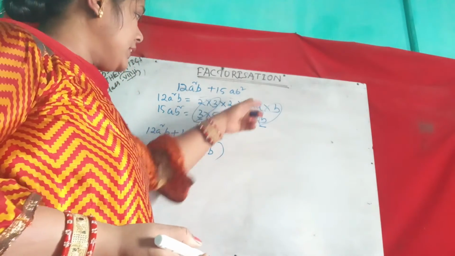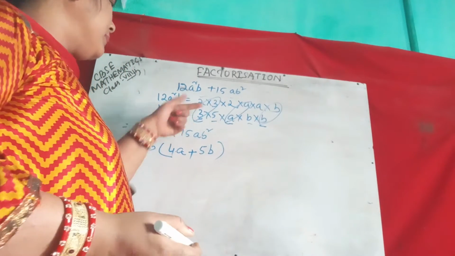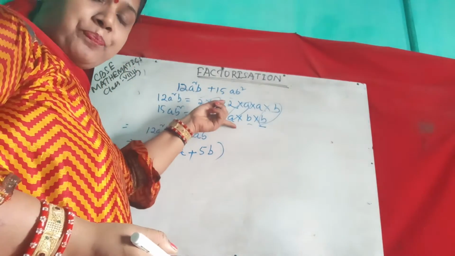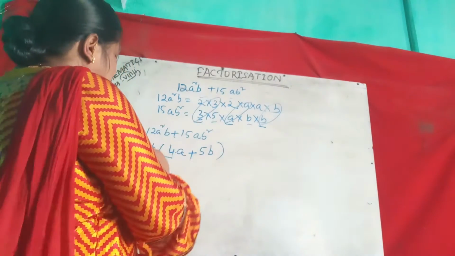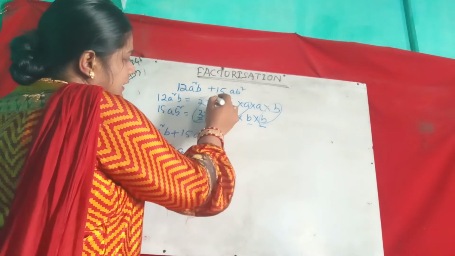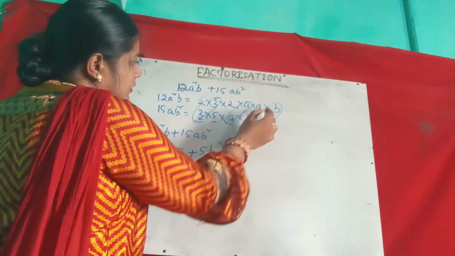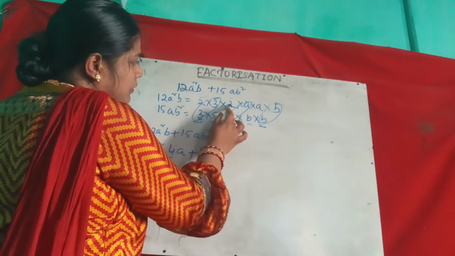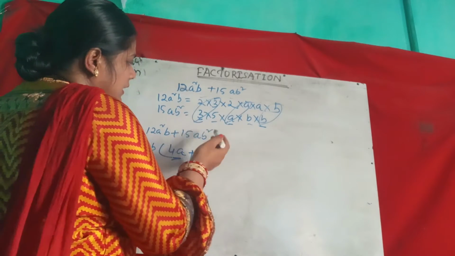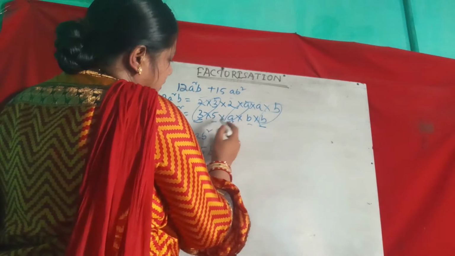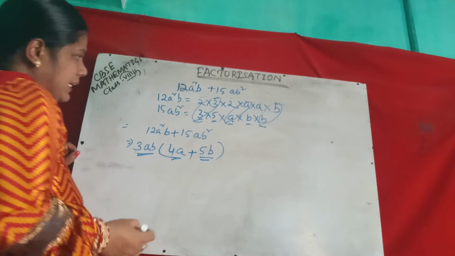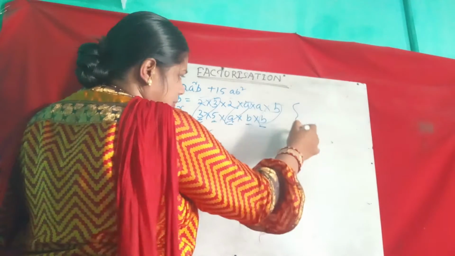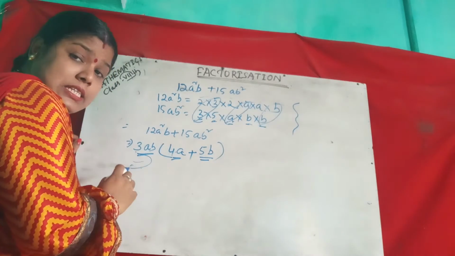That means 3ab is present in both terms, you take out 3ab, and what remains is 4a in the first and 5b in the second.